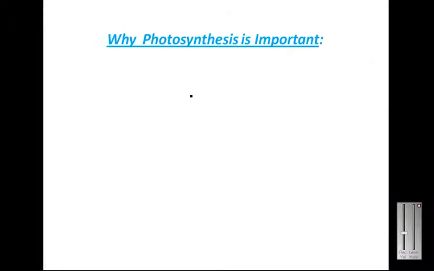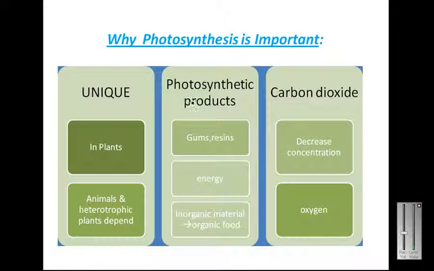Now photosynthesis is important. Why? We have many reasons to say that photosynthesis is very important for our planet, because it is a process which occurs only in plants. It gives food to animals and heterotrophic plants.